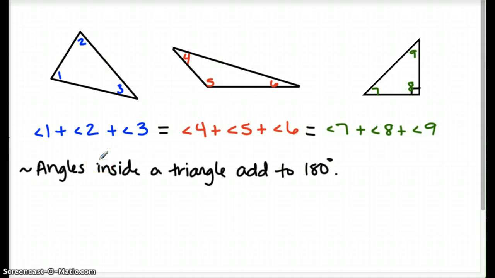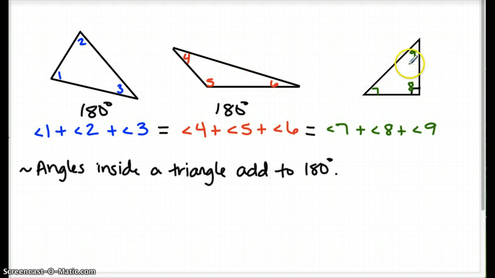So what this first example on the first page is showing you is that in this first triangle we have angles 1, 2, and 3. We know that those all have to add up to 180 degrees. Angles 4, 5, and 6, it doesn't matter what they are, when you add all three of them together, will also equal 180 degrees.